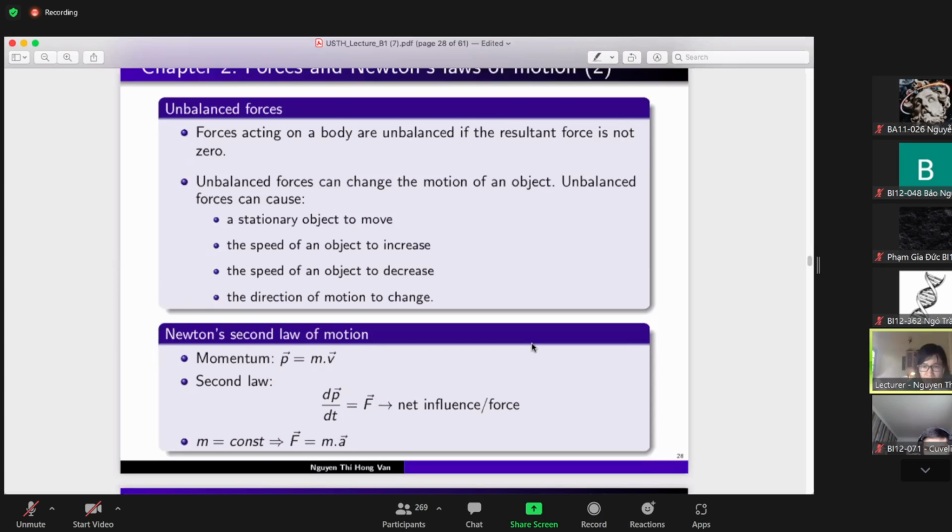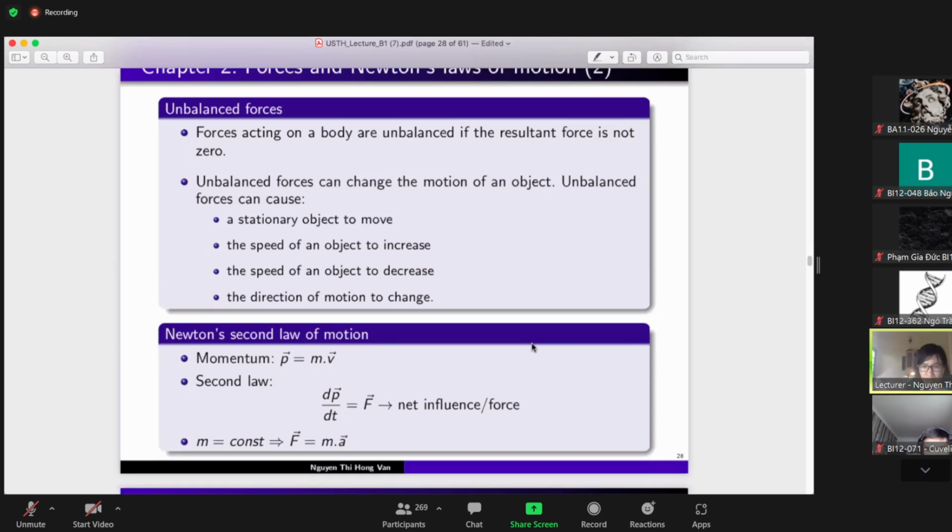So momentum contains information not only about the change of the velocity, but also about the mass. That is why we need a new quantity to get more information. Velocity is not enough, you also need the mass.